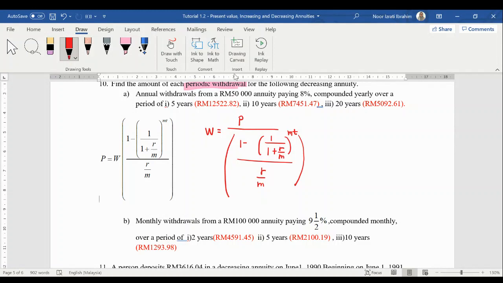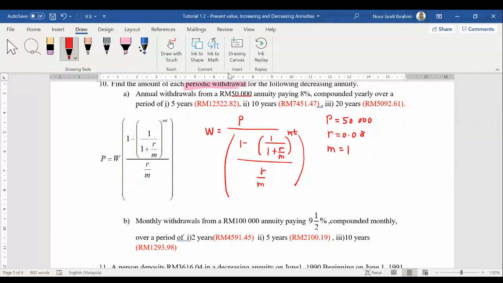From the scenario here, annual withdrawal from 50,000, so P is 50,000, paying 8%, so R is 0.08, compounded yearly, which means annually, so M equals 1.